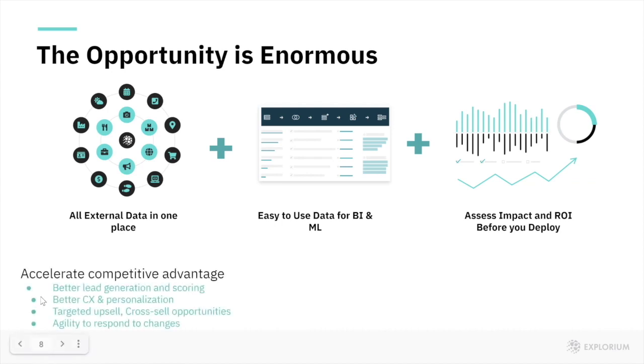So the advantages are you can accelerate your competitive advantage with better lead generation and scoring of your leads, better customer experience and personalization, targeted upsell and cross-sell opportunities. With all the data at your fingertips, you can really materialize all these use cases that you always wanted to do. And agility.